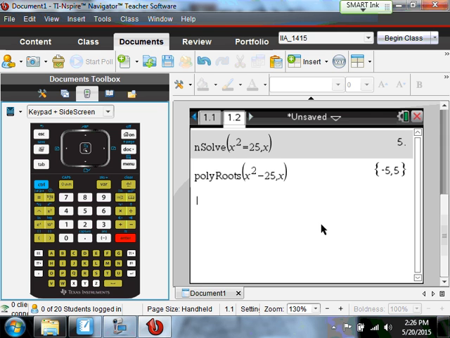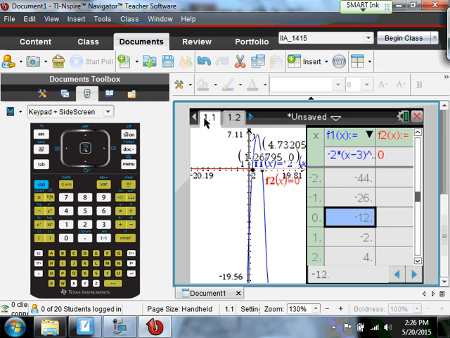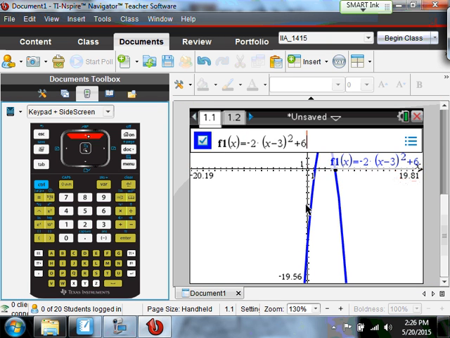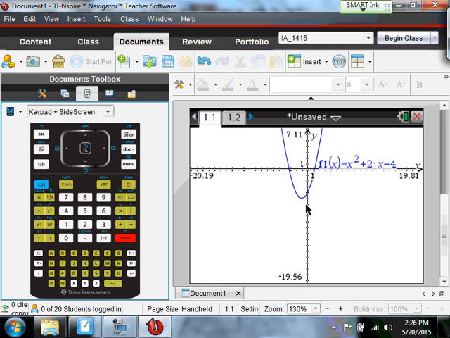Okay, so I guess that's really just about it. The only other thing I could think we might need to do is, back on a graph page, if I wanted to get rid of my table, I hit Control T. If I had a standard form function, maybe finding the vertex, something like x squared plus 2x take away 4, how would I find the vertex?